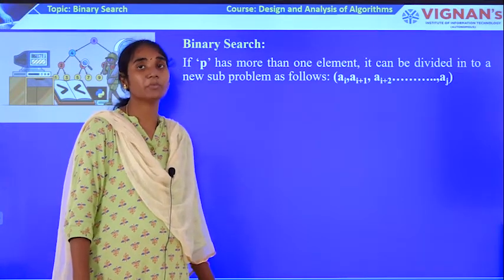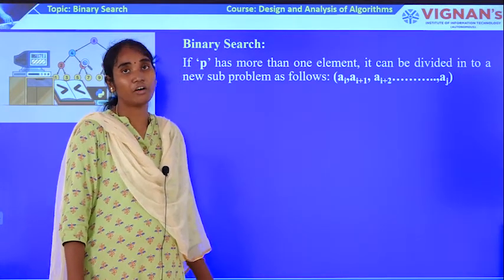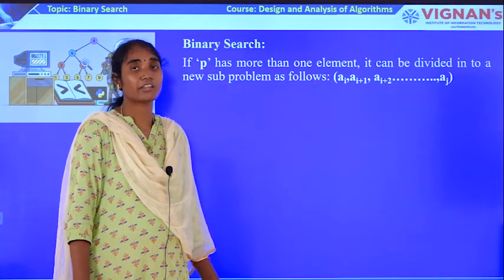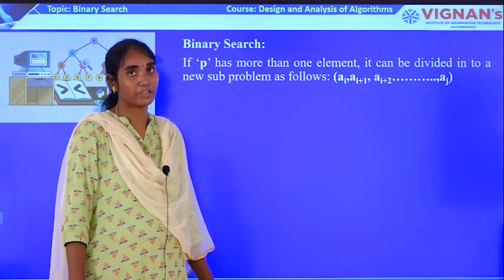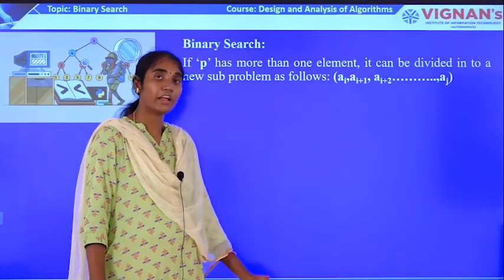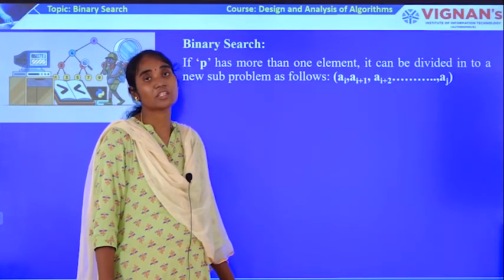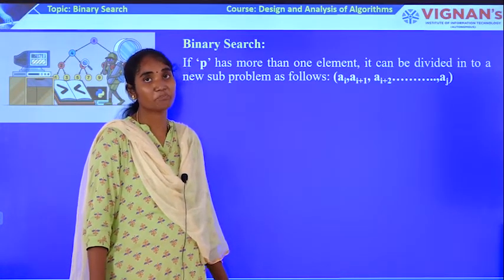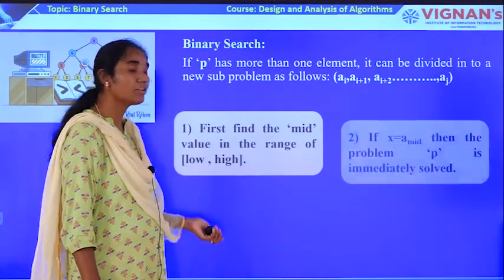The mid value will be calculated by taking the average of the starting index and the ending index in the given list. Let us consider low is the starting index and high is the ending index. Then mid is equal to (low + high) / 2.